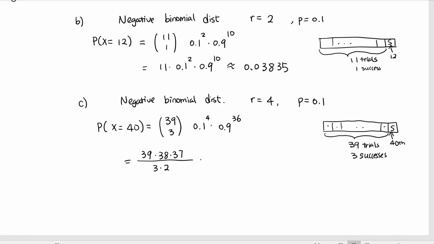The 1, we don't need to put it down. Times 0.1 to the 4 times 0.9 to the 36. Plug this in your calculator. What do you get? My answer is 0.02059. Do you have the same answer?